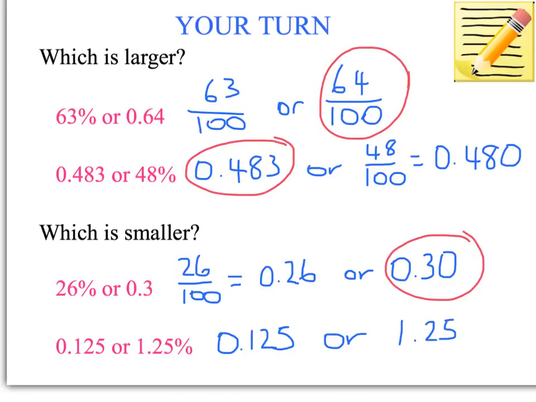We're dividing by 100, so we move the decimal place 2 places left, 1, 2. So it's 0.0125. So we can see here that this one is actually bigger.